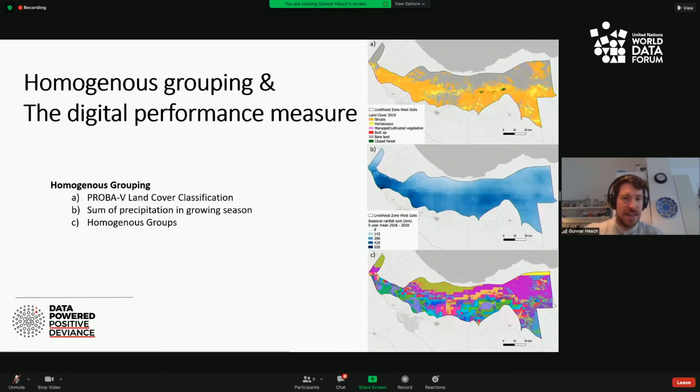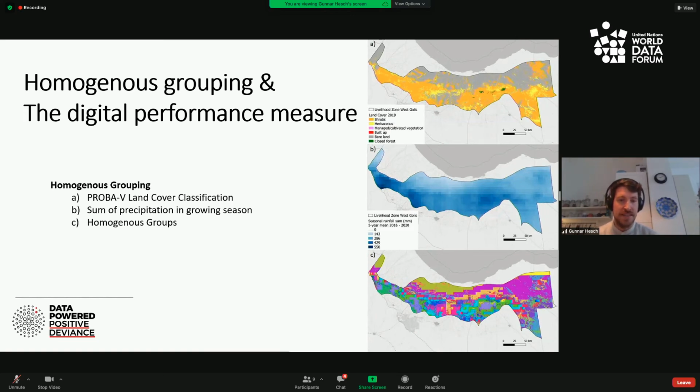To make the ecosystem comparable, we had to consider two main variables. The first variable is land cover, for which we used the data set by the European Space Agency based on the PROBA-V satellite. And we visualized this in the first map on the right, with the two dominant land cover classes, barren land in gray and shrubland in orange.